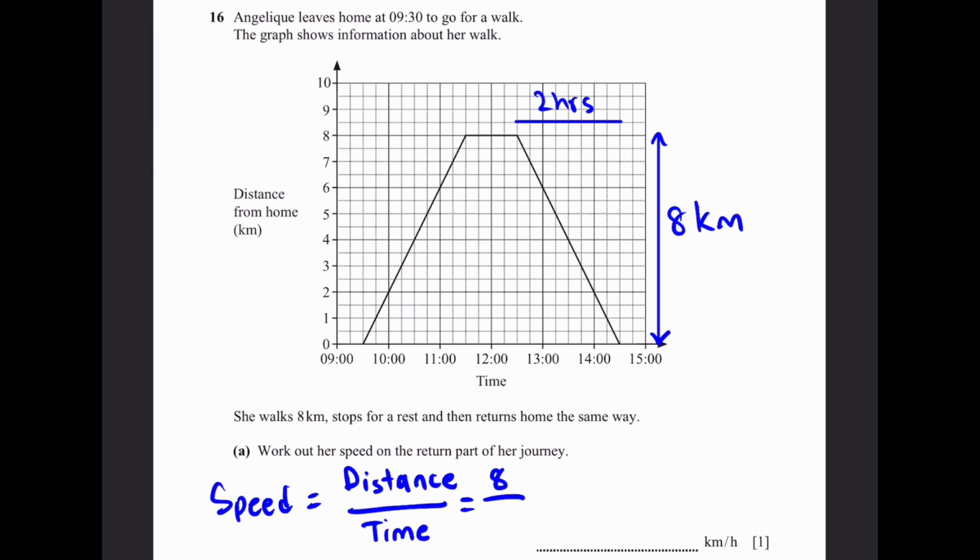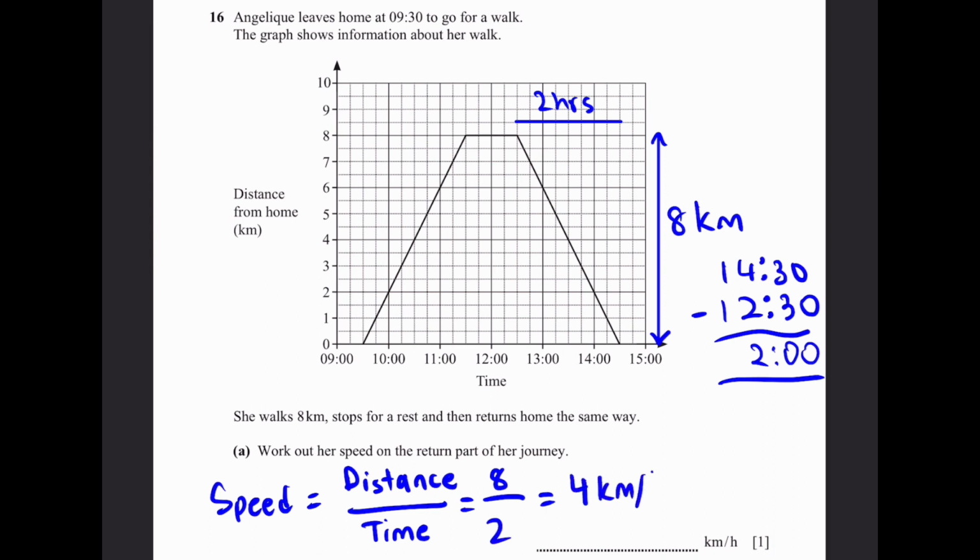From 12:30 to 14:30, or when you have to actually read it, 2:30 p.m. So how I did this is you just subtract it like this. 2 hours with 0 minutes. So that's 2 hours. And 8 divided by 2 is equal to 4 kilometers per hour.